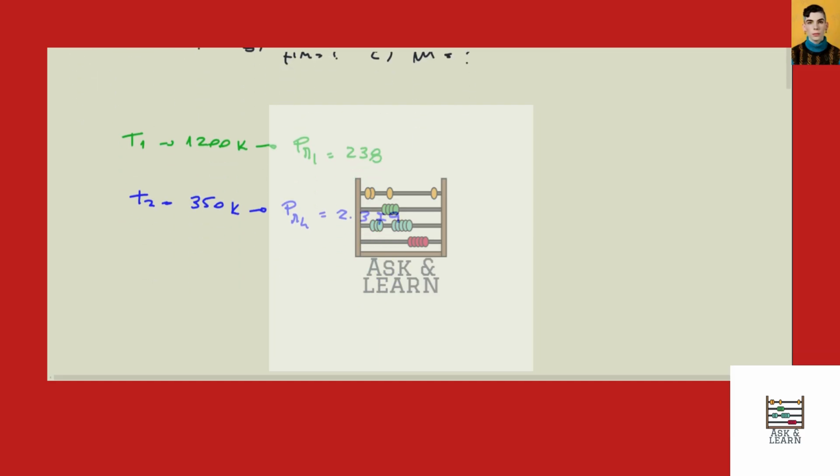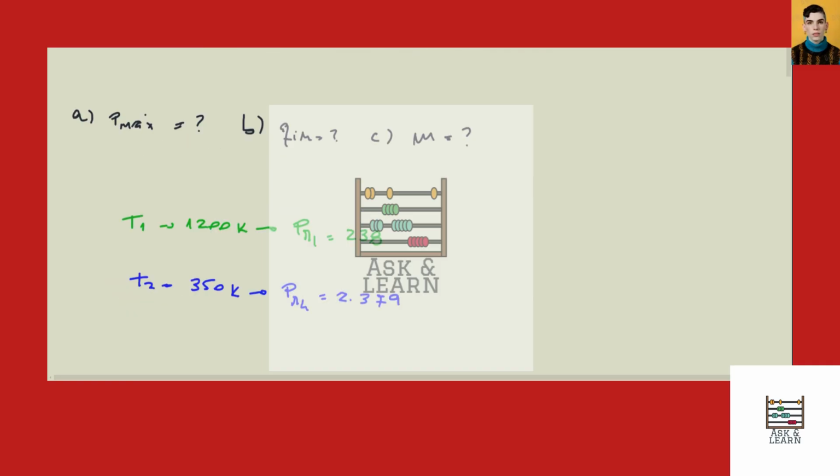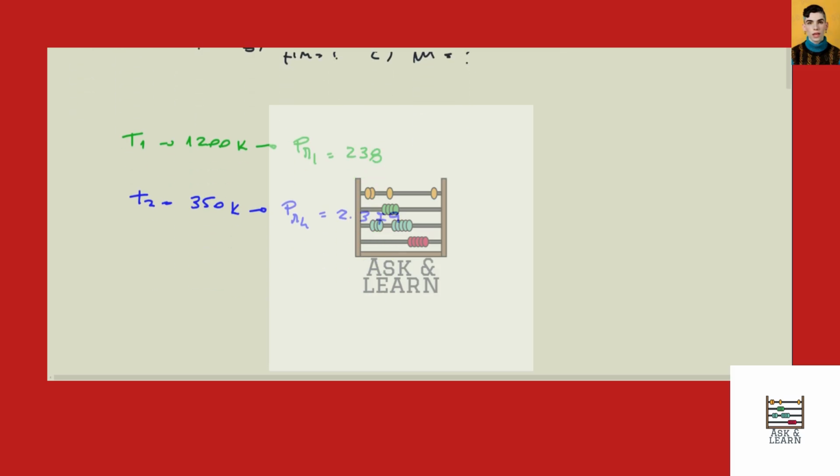Therefore, we can conclude that the maximum pressure is going to be between the top reservoir of the Carnot cycle, which means that that can only be pressure 1 or pressure 2. But we know that it's going to be the pressure 1 because it has the minimal volume. So it's going to be the maximum pressure.